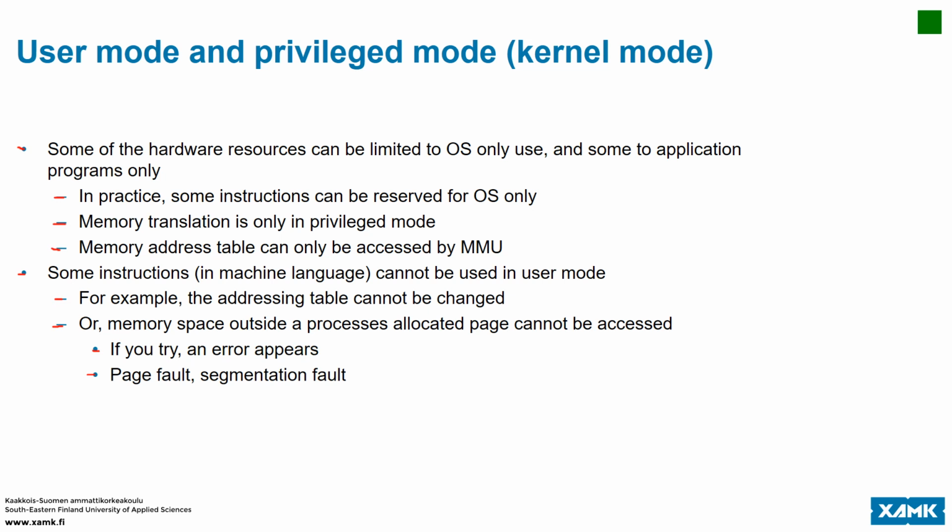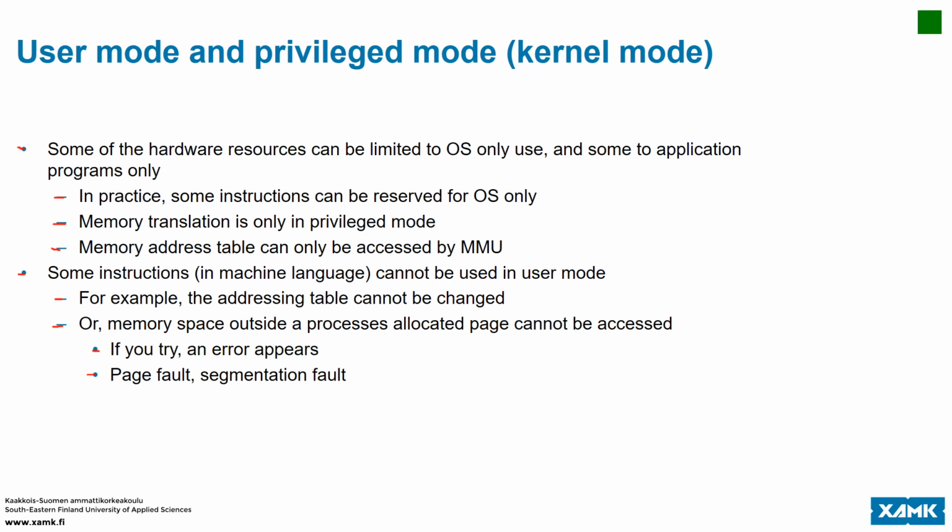In practice, some instructions can and are reserved for the operating system's use only, and memory translation is one of those. The memory address table can only be accessed by the operating system and therefore only by the memory management unit. There exist also certain machine instructions that cannot be used by user mode programs.